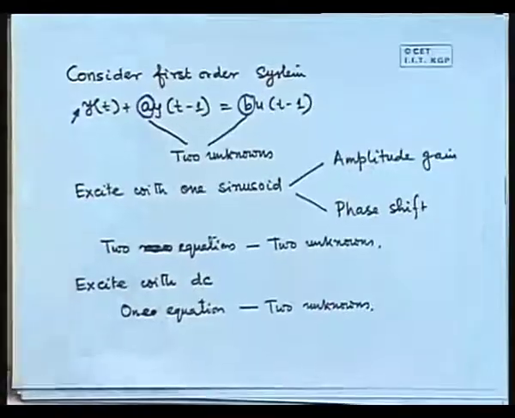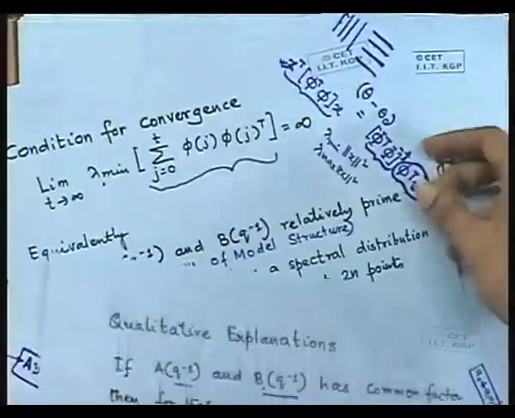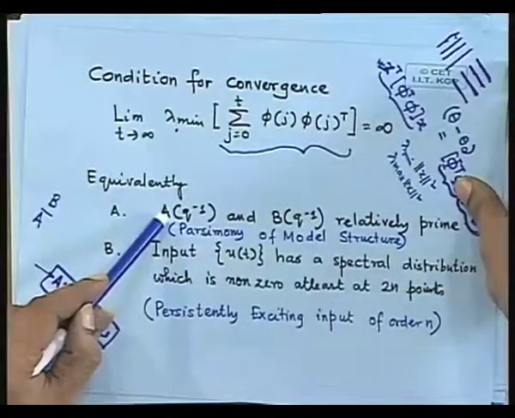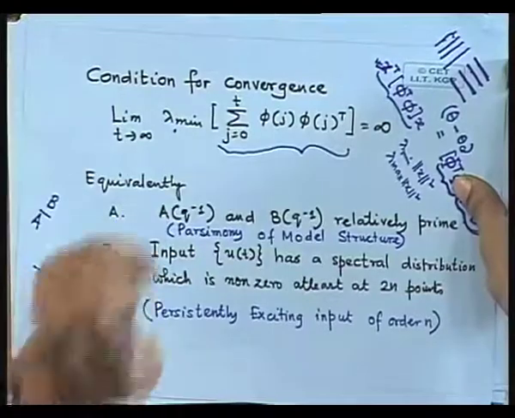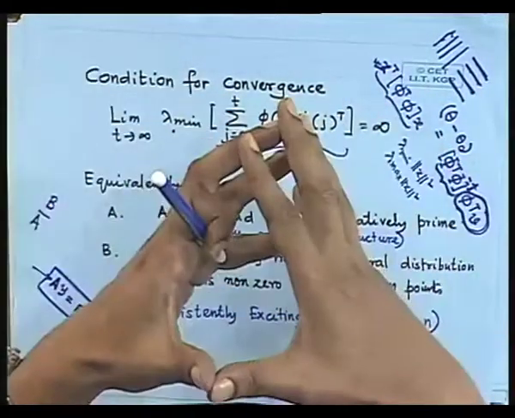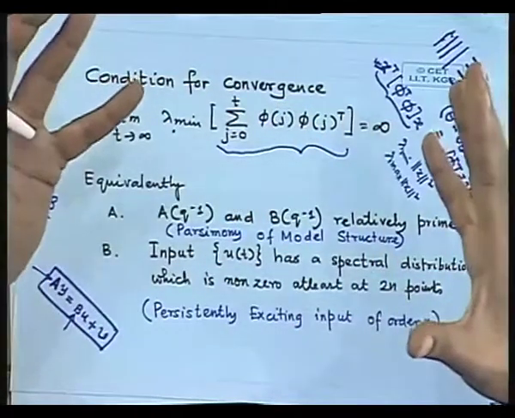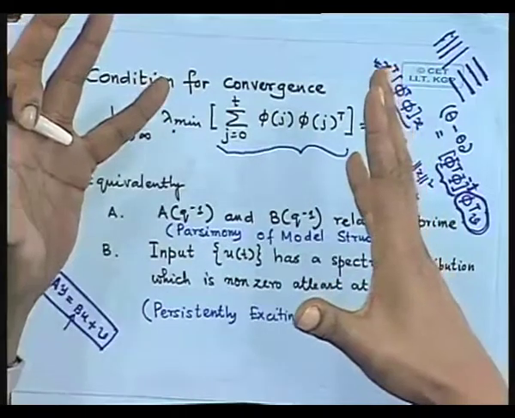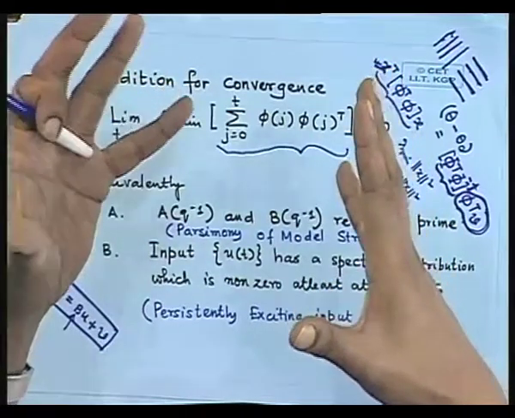But remember that these two are very, very well known conditions for any identification: the model structure should be simple enough. It should not be over parameterized, because if it is over parameterized, then you will encounter this non-uniqueness of solution problem. On the other hand, where have you got the identification data from?